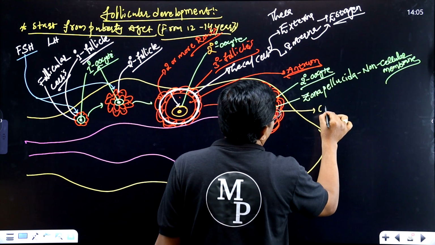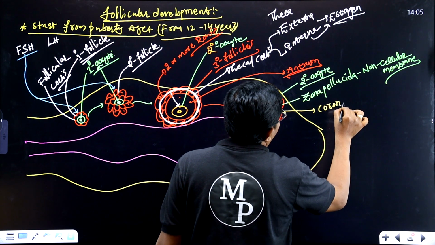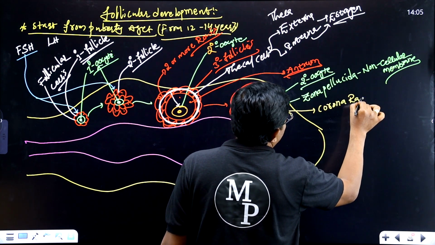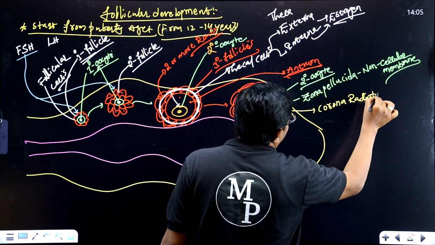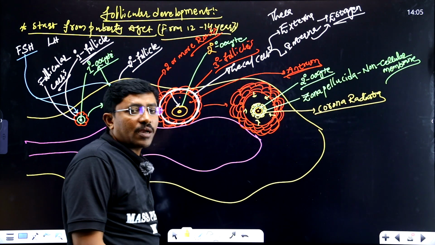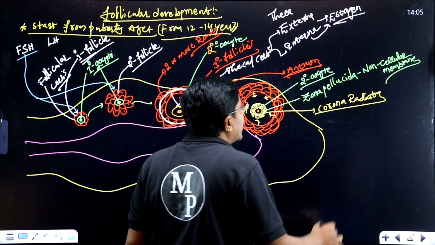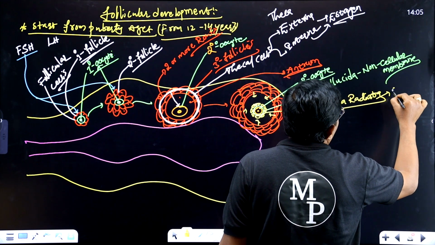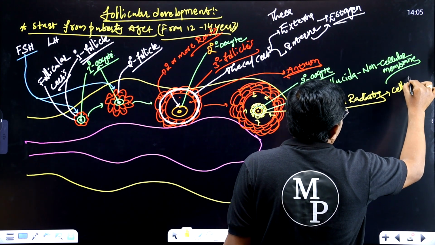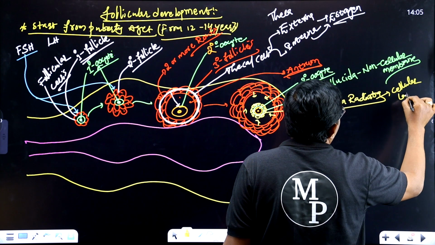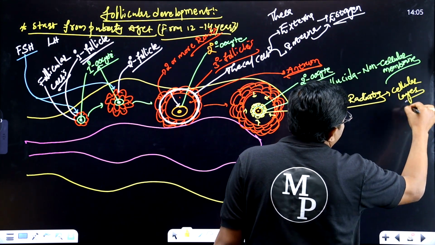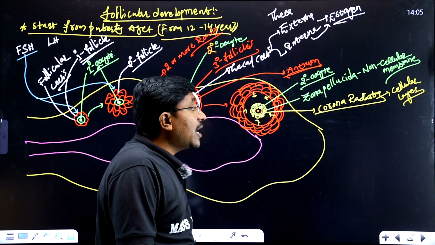This layer is the corona radiata. That is the corona radiata layer. The corona radiata is the cellular layer.